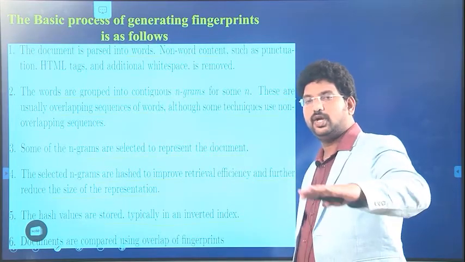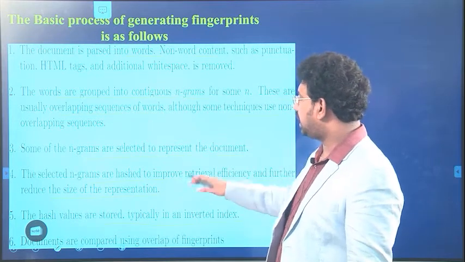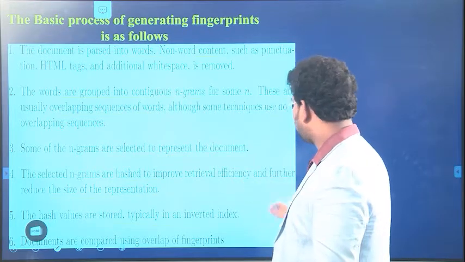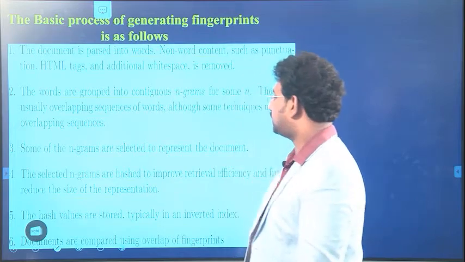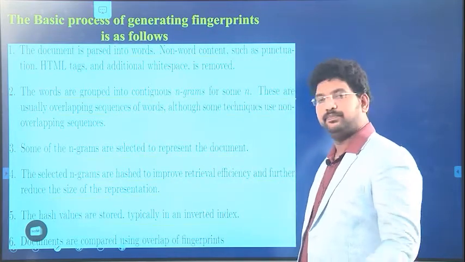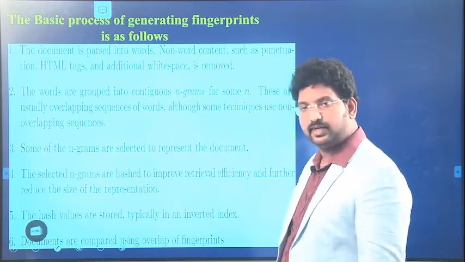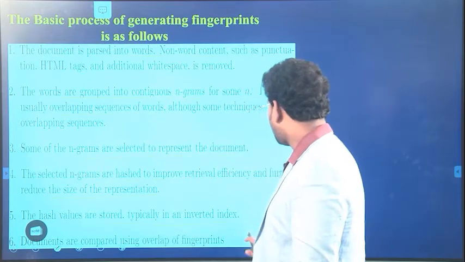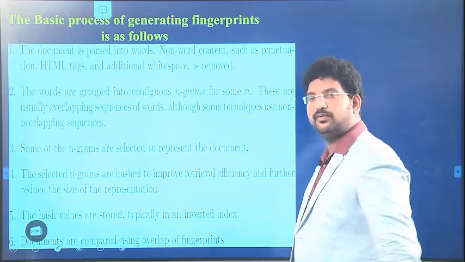From one document you choose only a few of the n-grams, and the selected n-grams are hashed to improve retrieval efficiency and further reduce the size of the representation. The hash values are stored typically in the inverted index, and documents are compared using the overlap of fingerprints. So this is the process we are following.